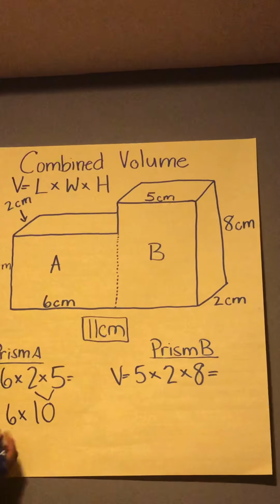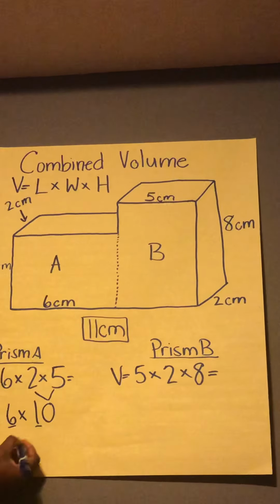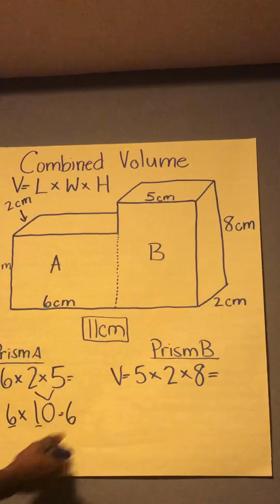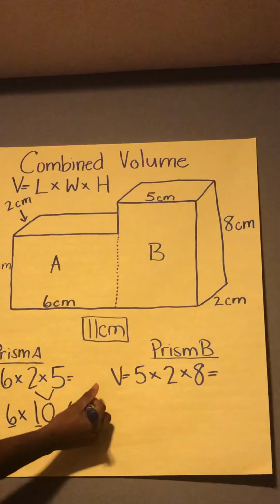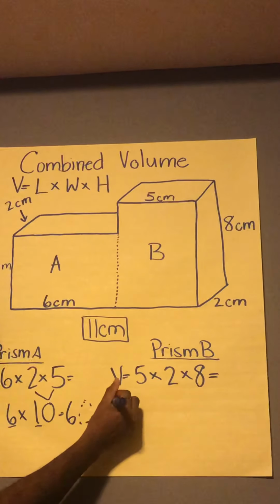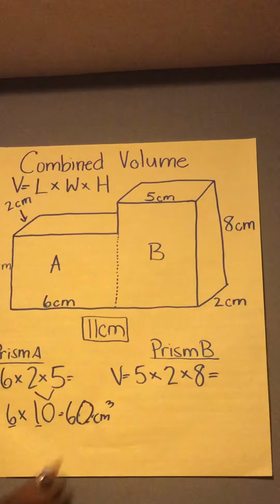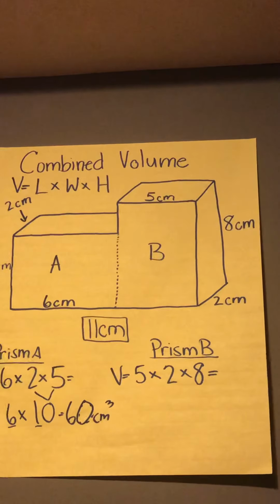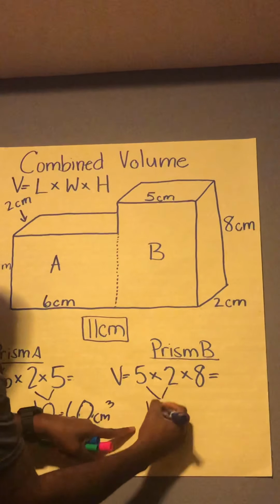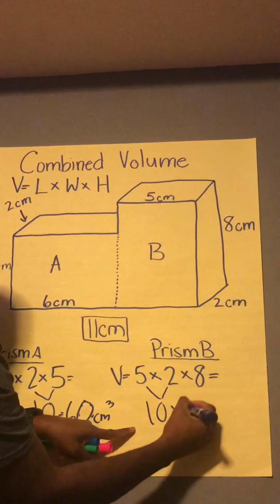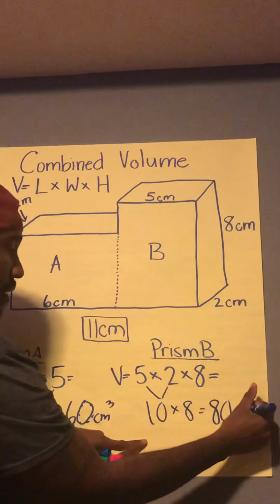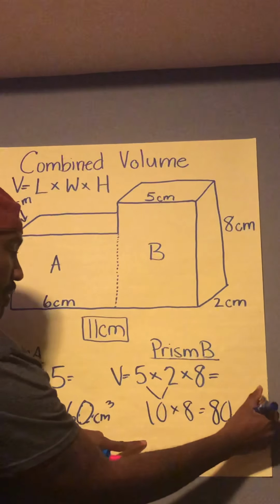With mental math, I can take the 6 and the 1, which equals 6, and then add an extra 0 for a total of 60 centimeters cubed, or 60 cubic centimeters. Same thing here, I would do 5 times 2 again, which is 10, times the 8 would equal 80 cubic centimeters.